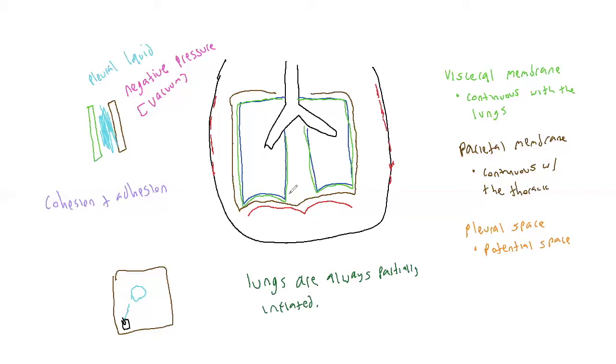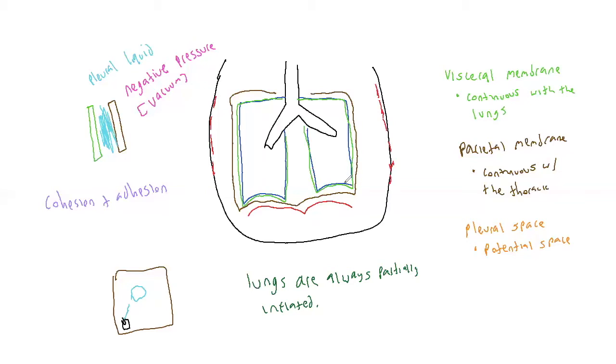And that is because the thoracic cage is never completely collapsed. It's always somewhat open. So what happened is that the parietal membrane is continuous with the thoracic walls, and if the system is functioning normally, the visceral membrane is going to be stuck to the parietal membrane.